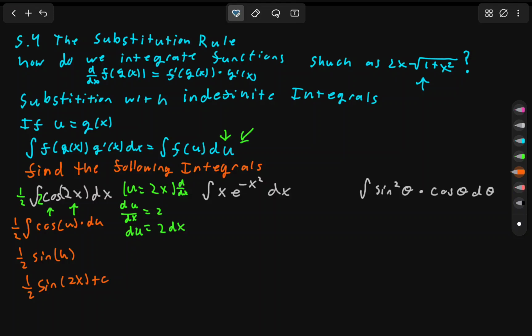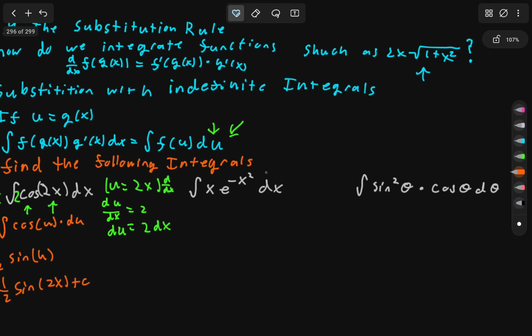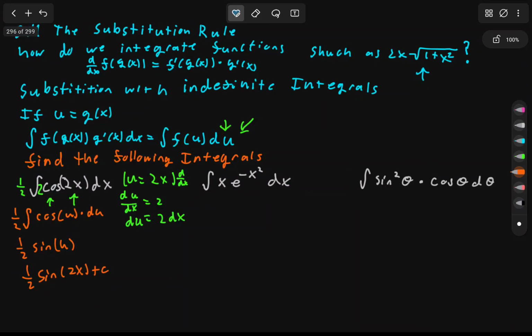Alrighty, for this next function, what we really want to start by looking for is, do we have a function inside of a function that we can see the derivative of somewhere else in this problem? And I think if you take a moment here, you might be able to see that the derivative of x squared is going to be 2x.